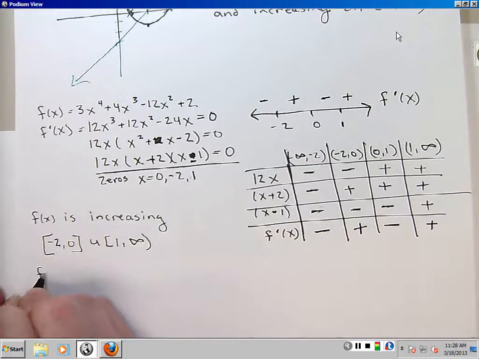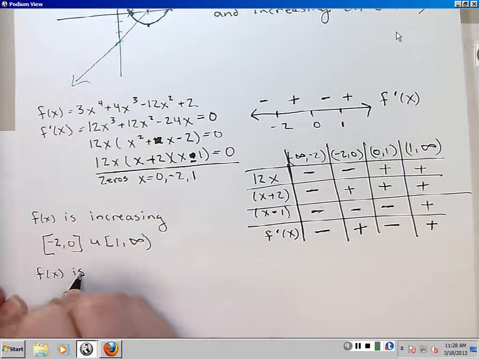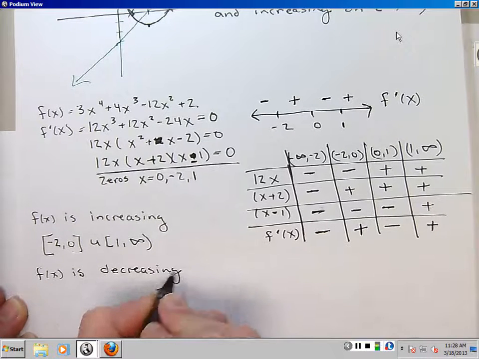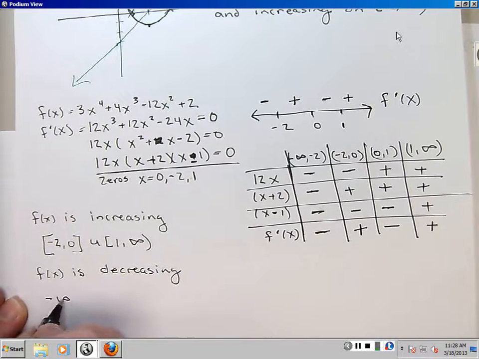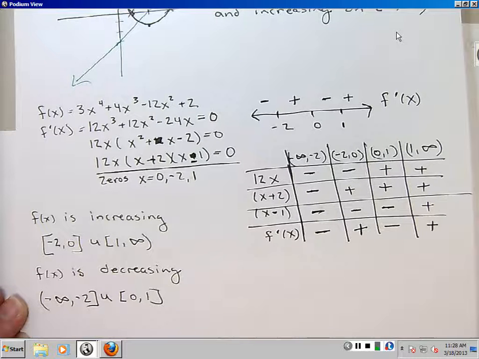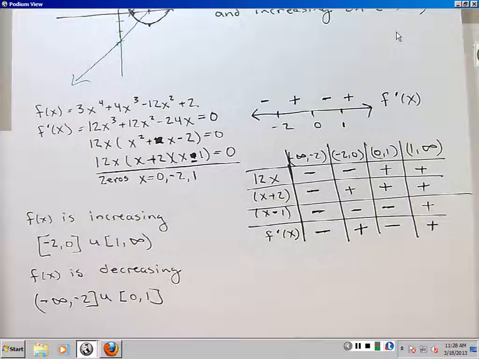And f of x is decreasing. When's my function decreasing? -infinity to -2, union 0 to 1. You guys see that?